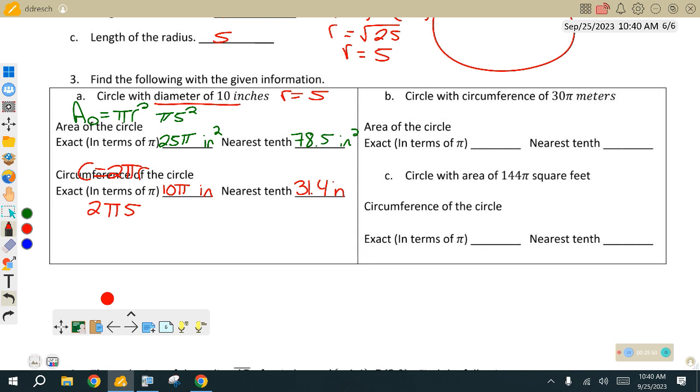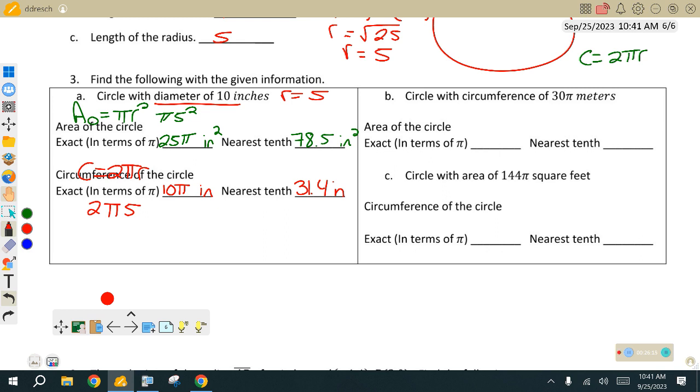I give you the circumference. What's the area? So, given the circumference, you're starting off with the circumference formula. What is that circumference formula? 2 pi r. Okay? You got to know which formula you're starting off with. You're starting off with the circumference formula.